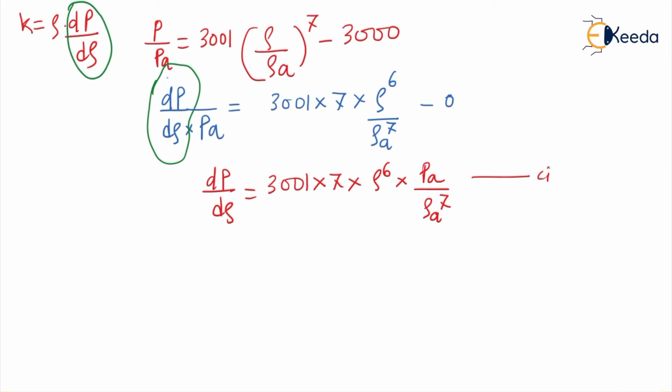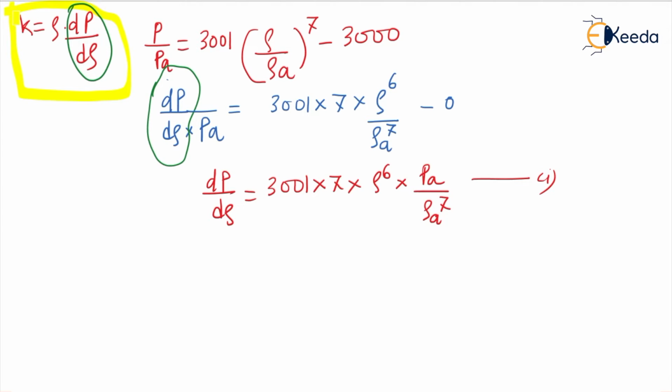Now this is one equation. Put this value in the basic expression for K. So what we will get is K equal to rho multiplied by this value, which is 3001 into 7 into rho to the power 6 into Pa upon rho A to the power 7.